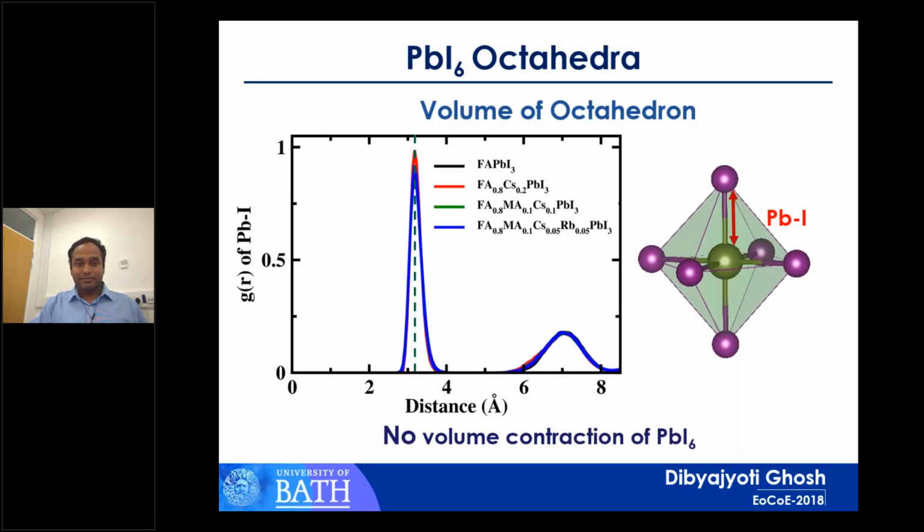To find exactly where this is coming from, we first looked into the volume of the octahedra. For that we calculated the g(r) of the lead iodide bond, but we didn't find any change there. We also calculated the volume of these lead iodide octahedra, and we didn't see any change with cation mixing. That signifies that we don't have any internal distortion in these octahedra because of cation mixing.